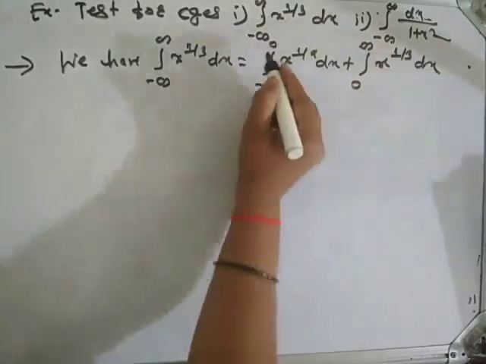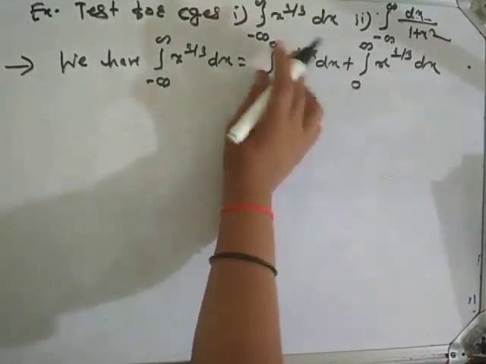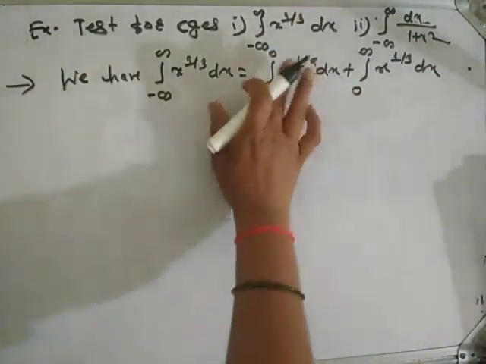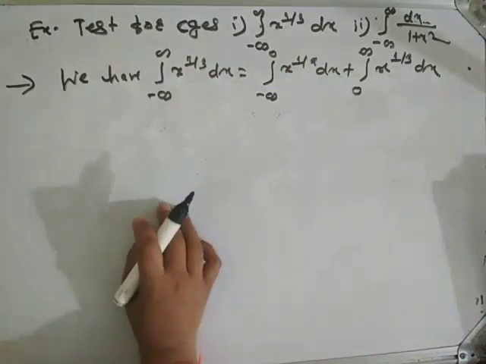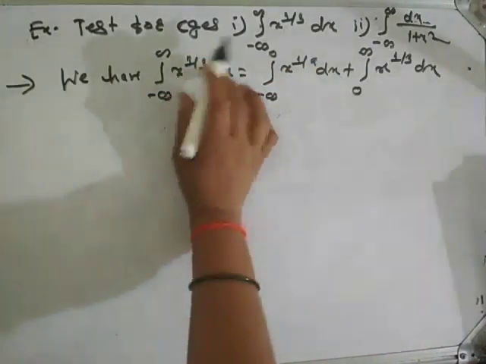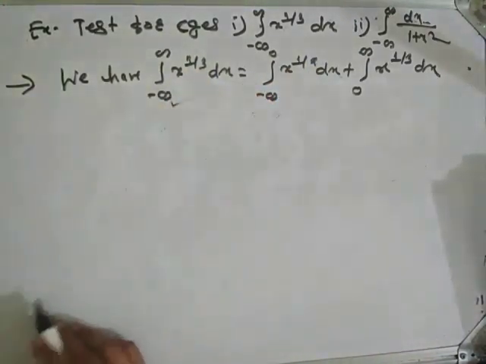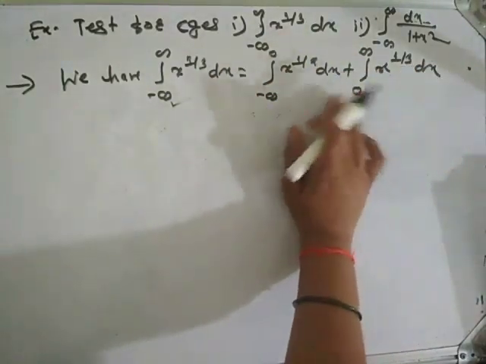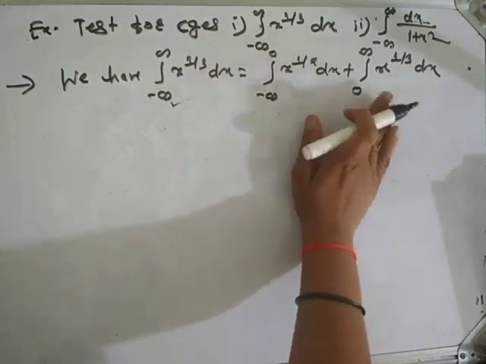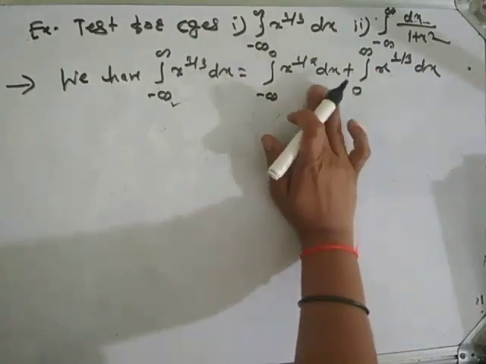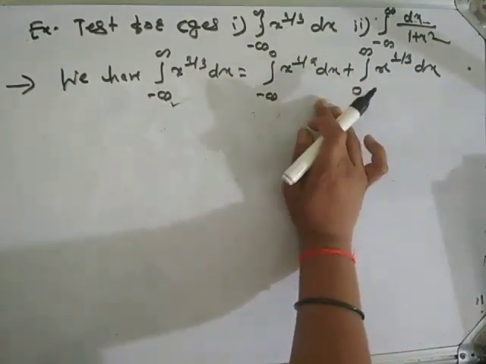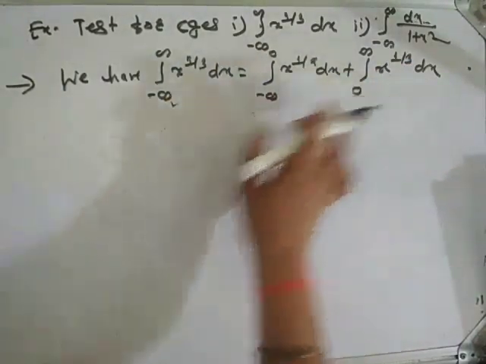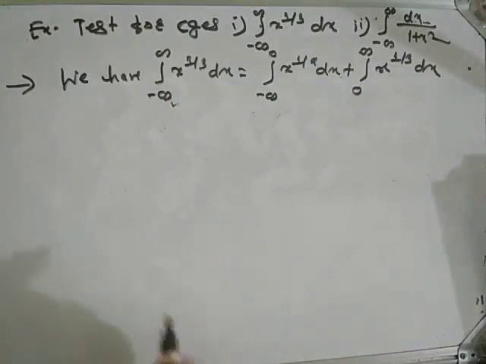Here you can take 1, 2, it doesn't matter, it is an arbitrary number. Now we have to test the convergence of these two integrals. If both these integrals are convergent, then this integral is convergent. If these two integrals are divergent, then this integral is divergent.